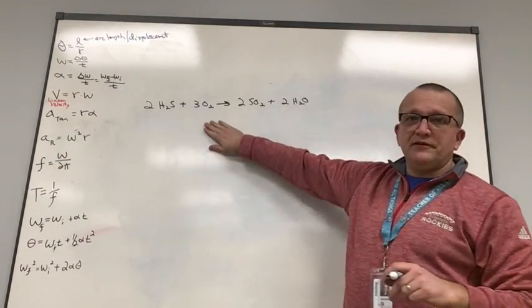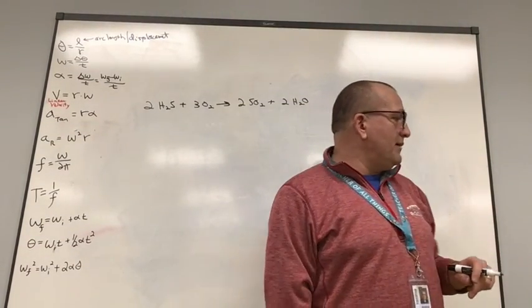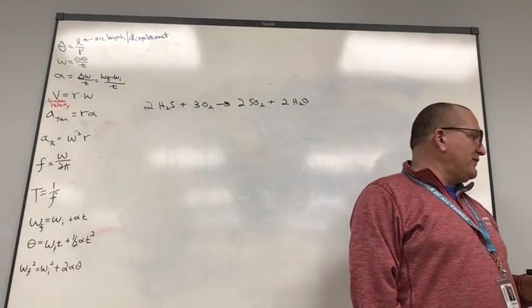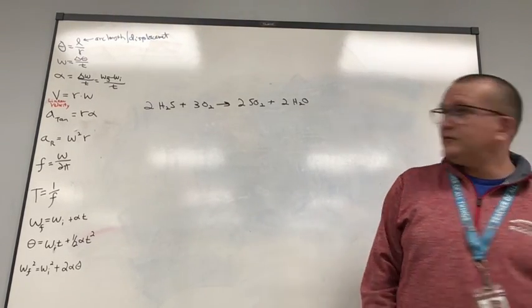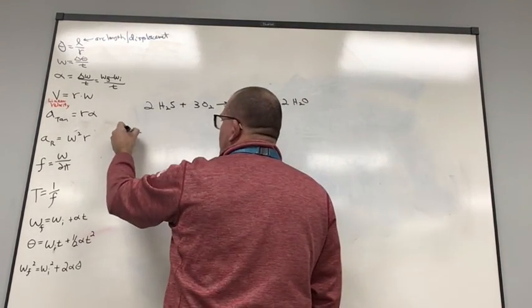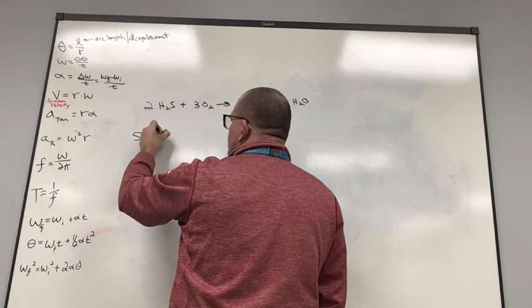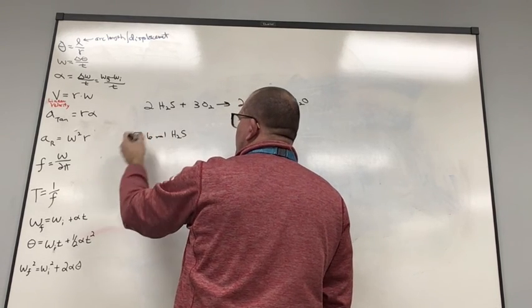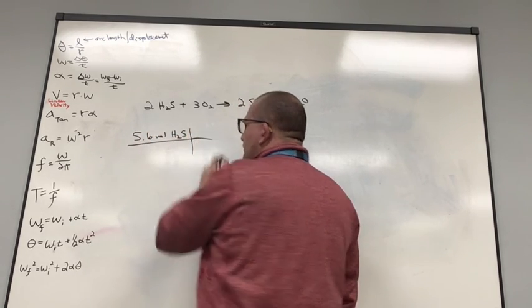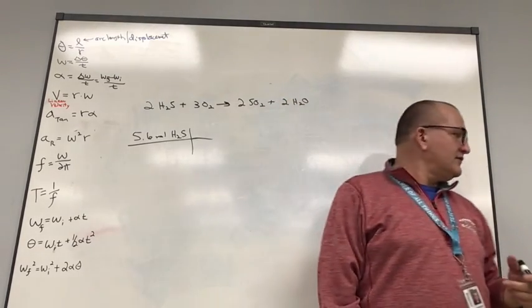Here's the balanced equation. We want to know how many moles of O2 are required to react with 5.6 moles of H2S. So I start with 5.6 moles of H2S, and I'm going to go from H2S to O2.